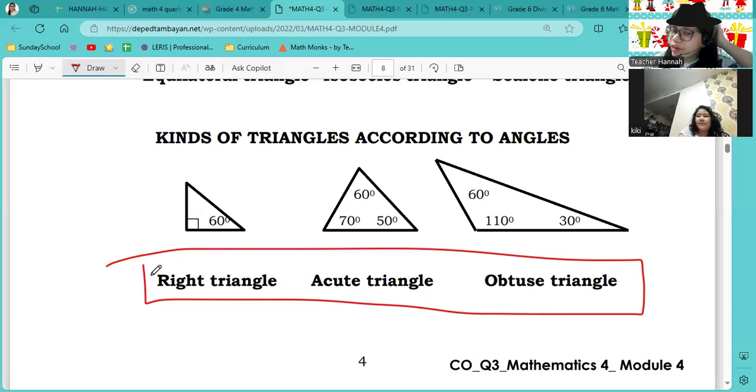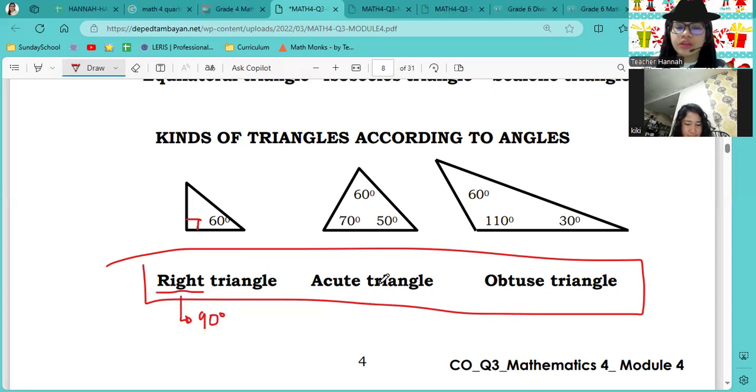When you have a right triangle, what is the angle? 60 degrees? No. This one, what angle is this? 90. Okay, always 90 degrees.